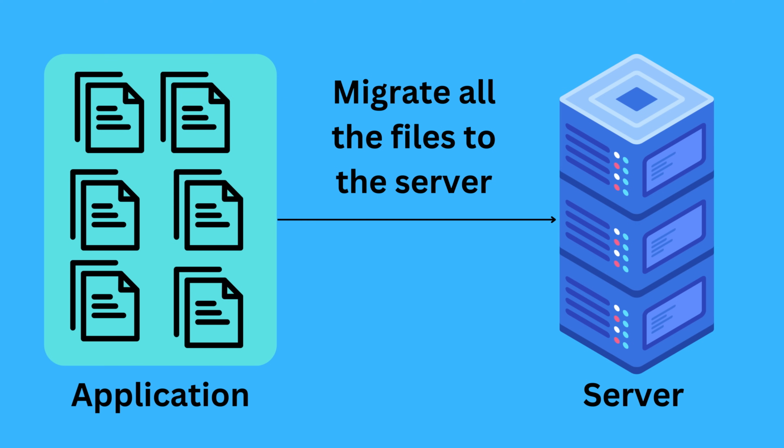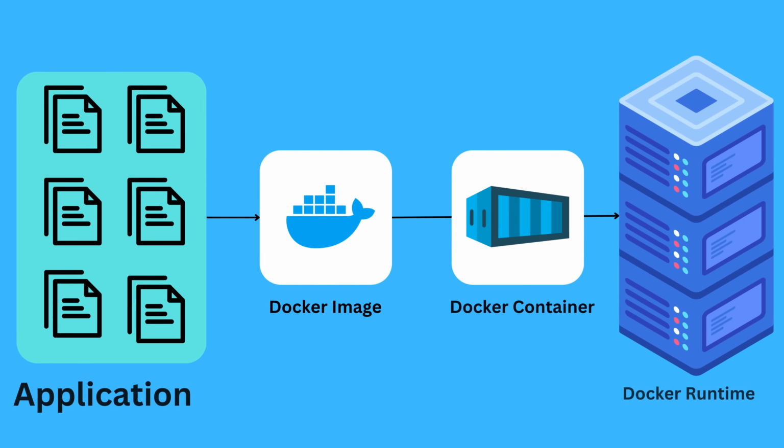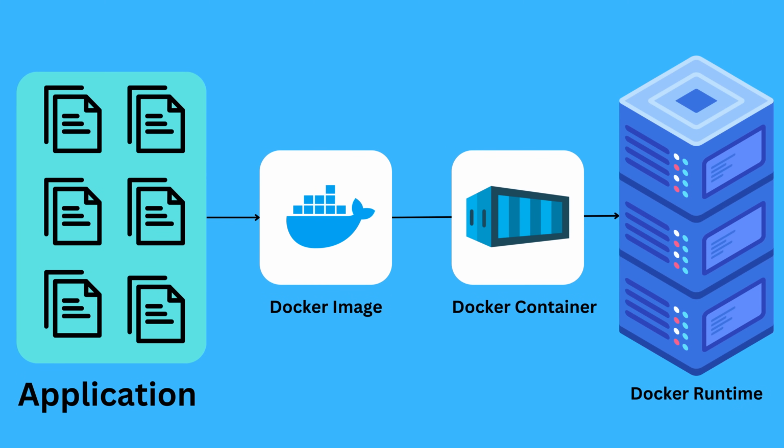Maybe when you start at the beginning, you might have one or two files or maybe 10 files, but as you grow, it is very difficult to track all the files that you need to deploy onto the server. When you have Docker, all you need to do is create a Docker image from all the files needed to run the application, and you can run this Docker image as a container wherever the Docker environment is.